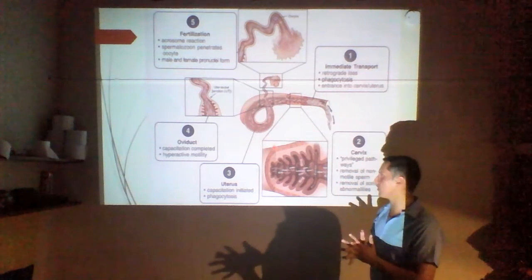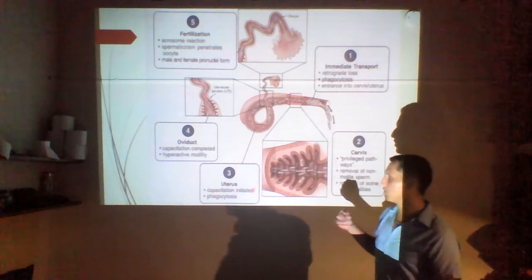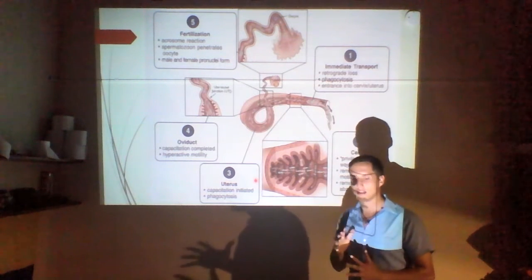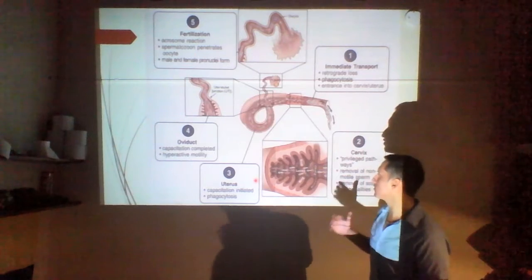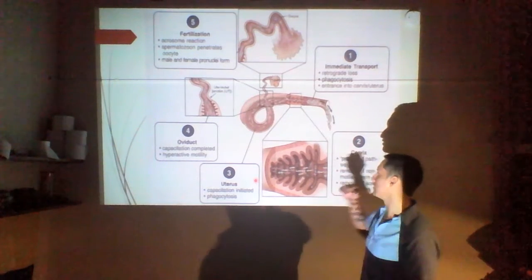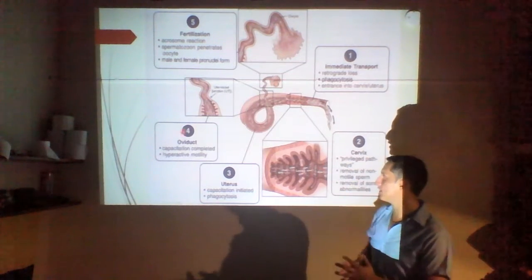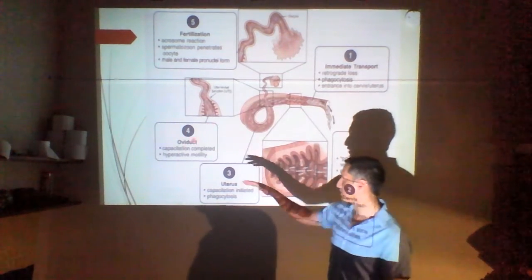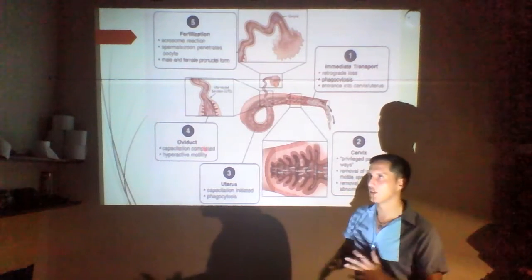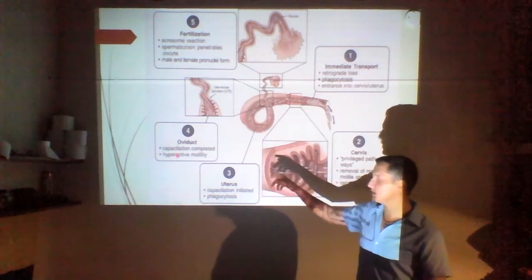In the uterus, they're going to have capacitation, which is going to be explained, and the spermatozoid is going to have some changes in its structure in order to get onto the oviduct. Then they're going to pass into the oviduct with capacitation completed, which takes around 10 hours, and there is hyperactive motility.